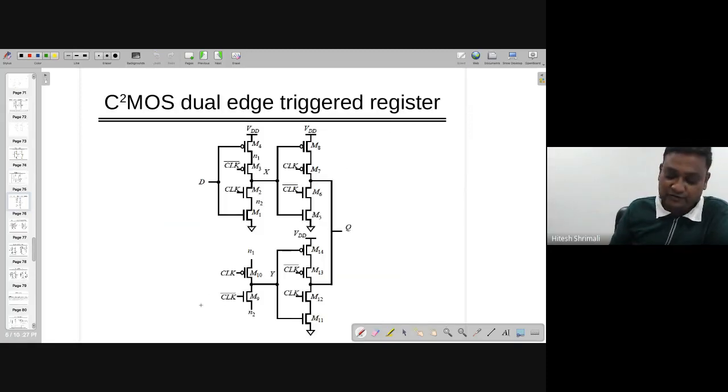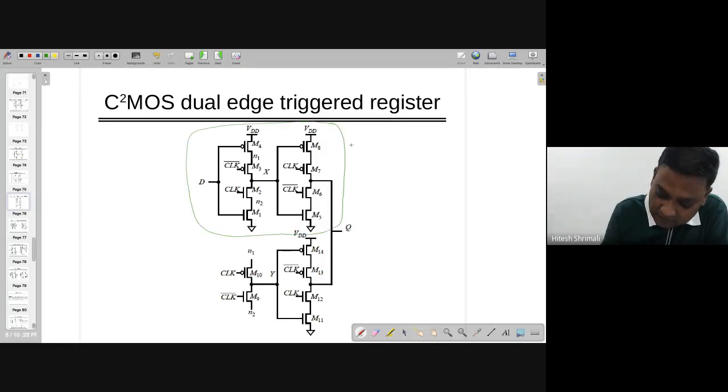It's similar to what we have done, exactly like that, but this is a C-square MOS technique. You can see over here there are two inputs, N1 and N2.